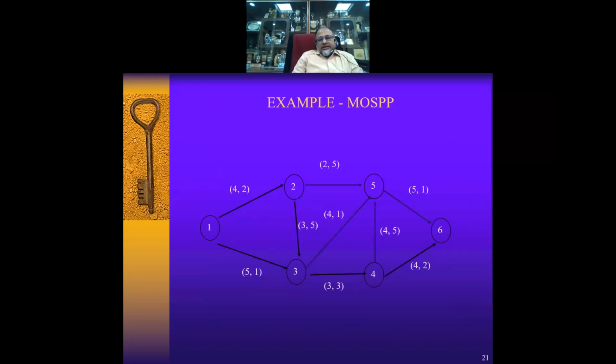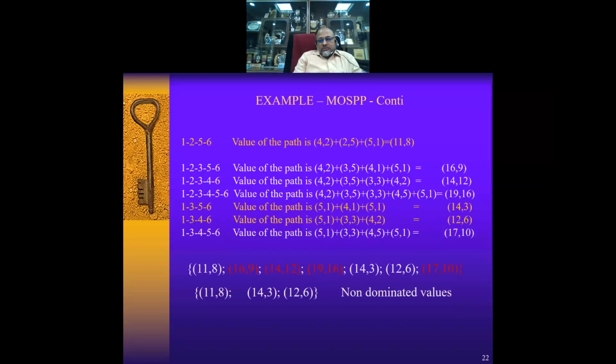And this is an example for the multi-objective shortest path problem. I am considering the same network with multiple objectives. First I am going to explain it with a layman approach, that is, exhaustively writing all the paths and finding the value of each path. The value of the path, as I already explained, we have to add component-wise.